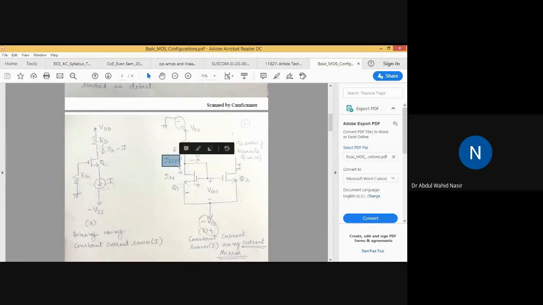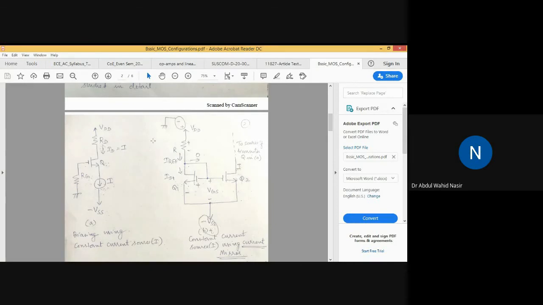The current at the drain terminal of Q1, exactly at this point, we show by the symbol ID1. And the current flowing here is I, which will be sent to the source of transistor Q. So this is the setup.